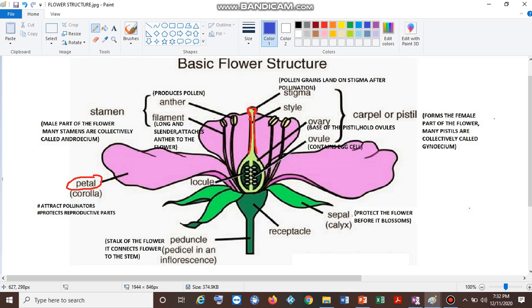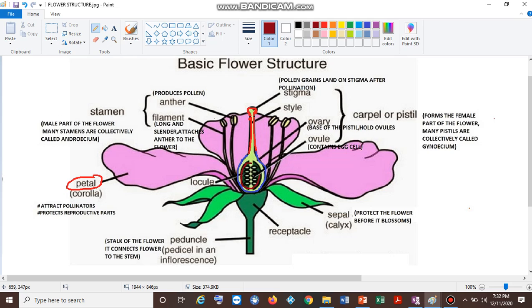Now see, this swollen part at the base is called ovary, this one. And inside the ovary we have got a structure called ovule.